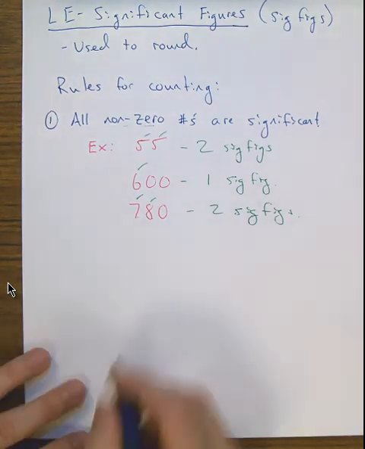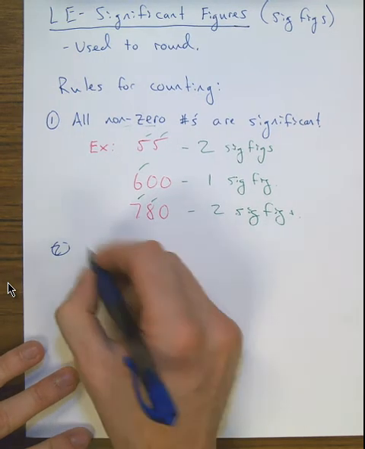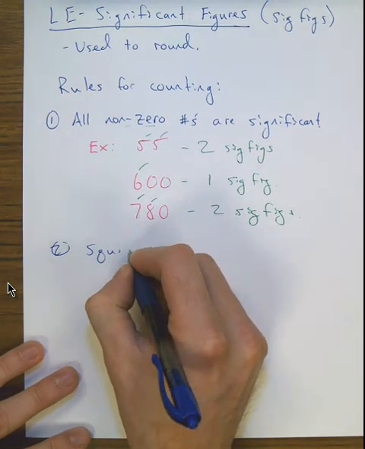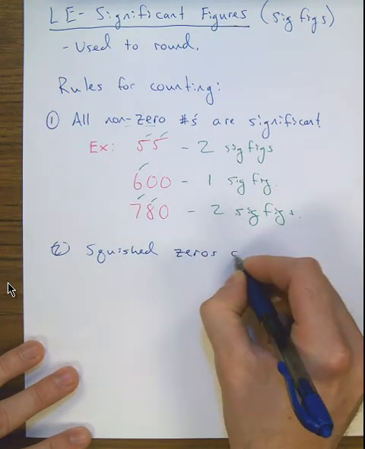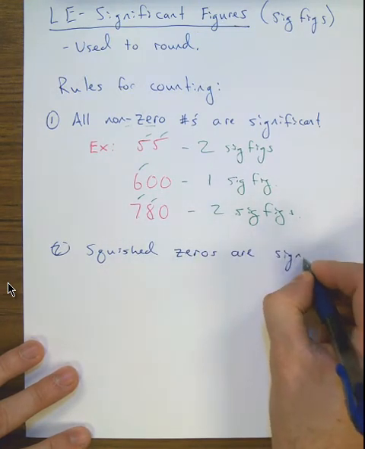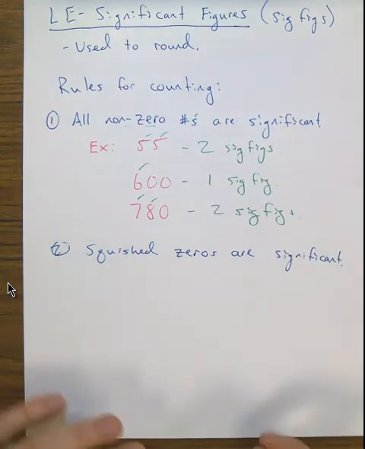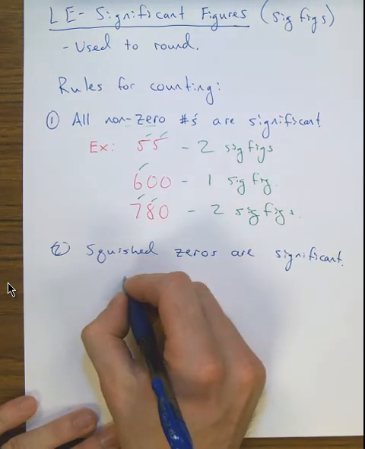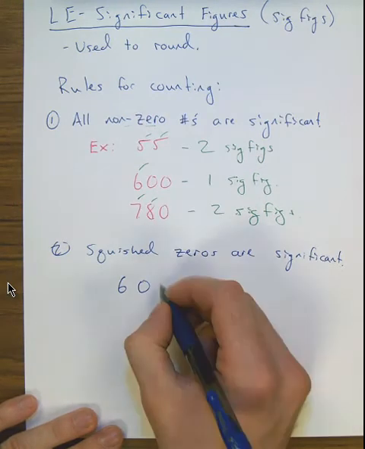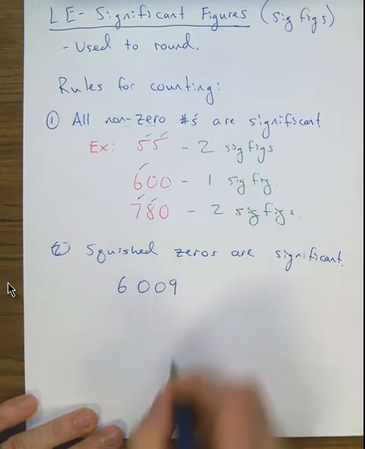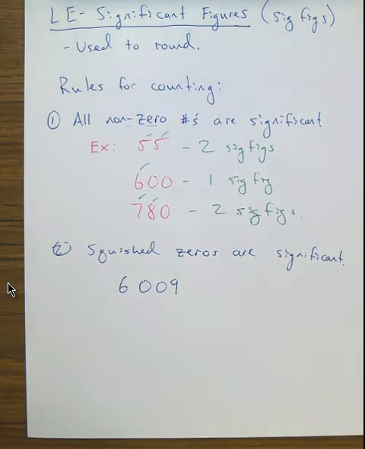Rule number 2 is that squished zeros are significant. Now, since squished zeros are significant, the way that we follow these rules is that if I have a non-zero like 6, and then I have a 0, and then I have another 0, and then I have the number 9, so the number 6009, and I want to count significant figures, rule number 1 always applies.